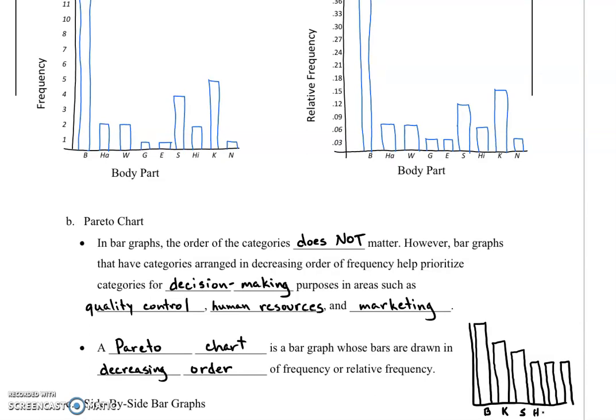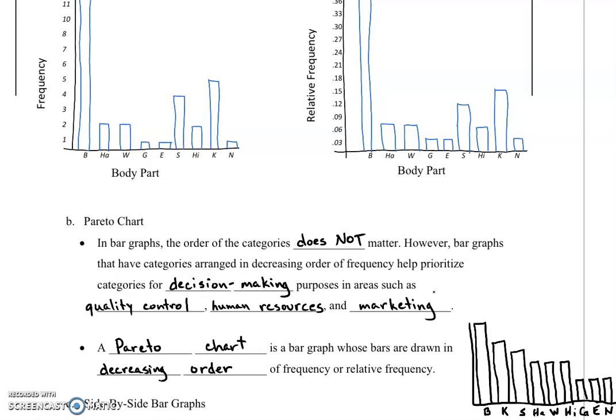So hand, wrist, hip. And since they're all the same height, it doesn't matter. And then we would have the groin, the elbow, and the neck last. And since they're all the same height, it doesn't matter what order they're in either.